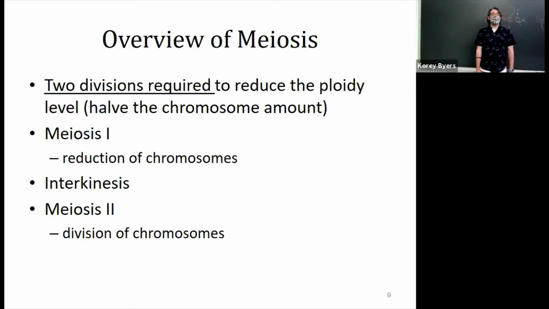So sperm cells go through a reduction, a rest, and a division almost immediately. Egg cells go through a reduction when you're a fetus, and don't go through division until fertilization, much later. But meiosis is just meiosis I, interkinesis, meiosis II.